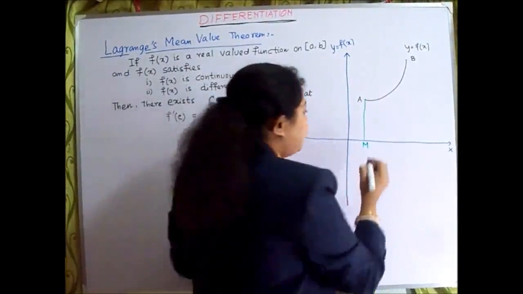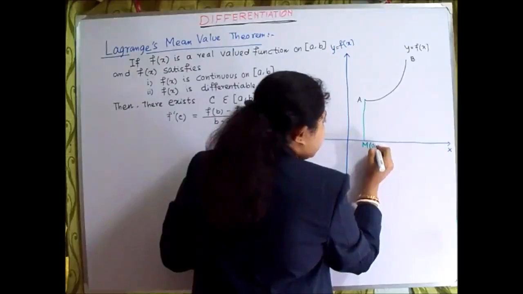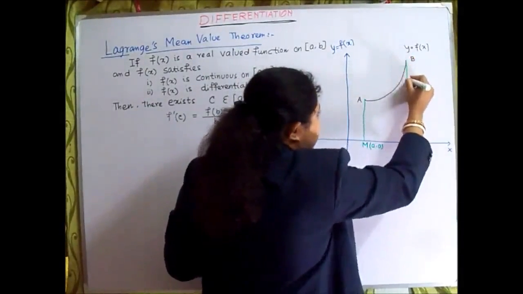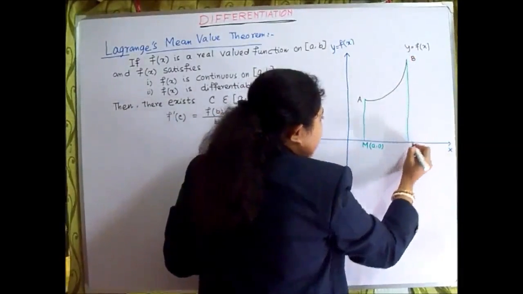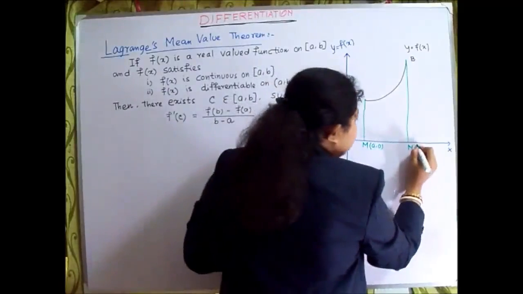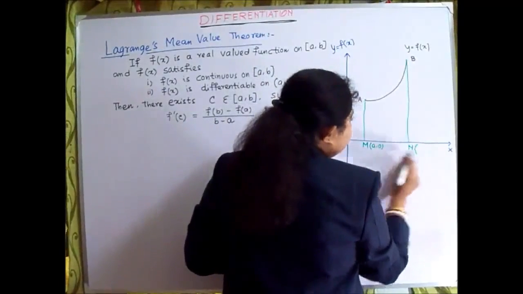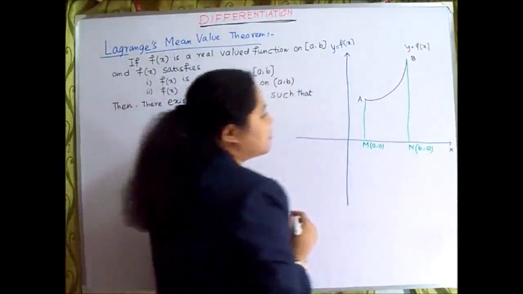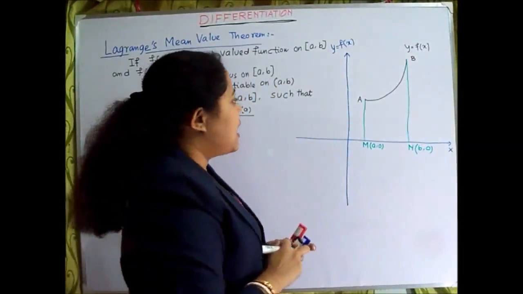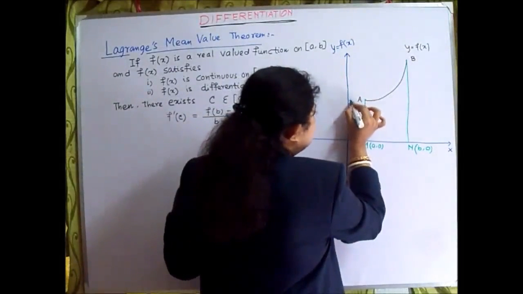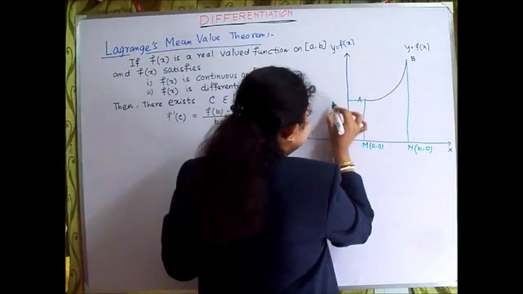If we take the coordinate value of M, this is simply (a, 0). And this point as N, the coordinate of this N is (b, 0), right? So what is the value of this point?